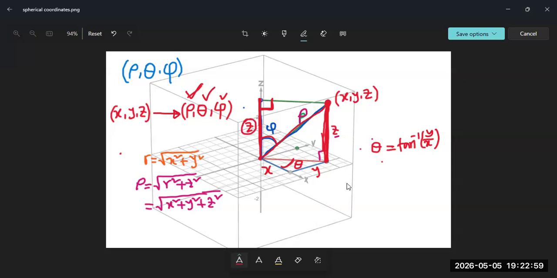So if we apply cos here, cos phi is equal to base by hypotenuse. In this case, the base is just the z quantity and the hypotenuse is rho. So cos phi is equal to z divided by rho, meaning in xyz, this quantity is square root of x square plus y square plus z square.